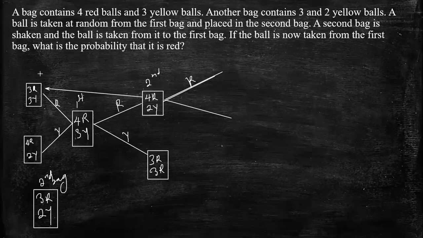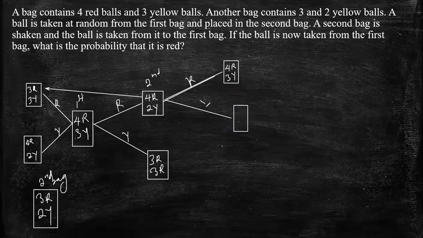So now when we come back and we are adding, if we pick a red ball from the second bag and we place it back in the first, the red ones are going to increase to 4, while the other ones will remain 3.